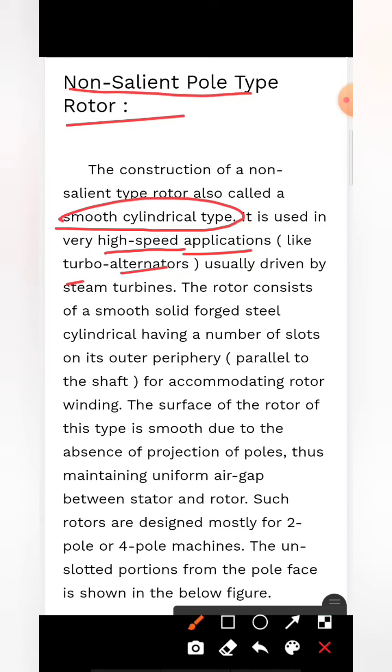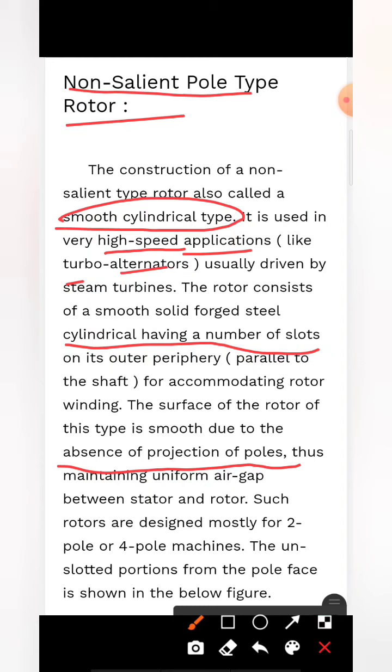The rotor consists of a smooth solid forged steel cylinder having a number of slots on its outer periphery parallel to the shaft, for accommodating the rotor winding. The surface of the rotor of this type is smooth due to the absence of projection of poles.